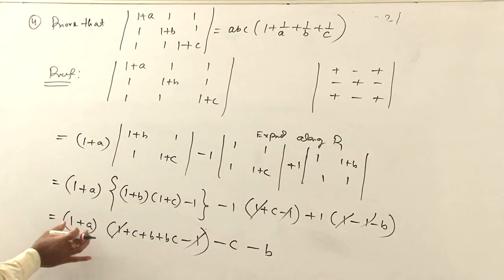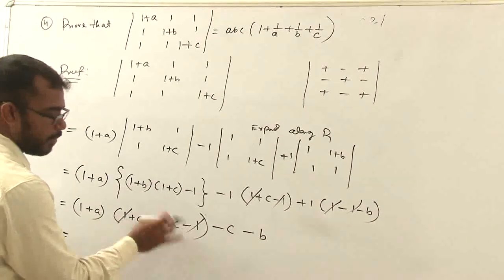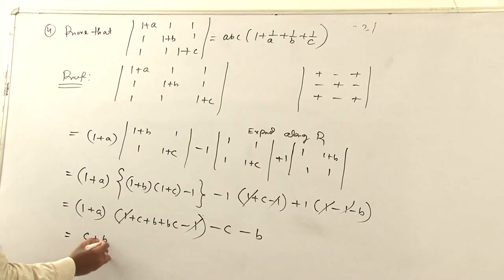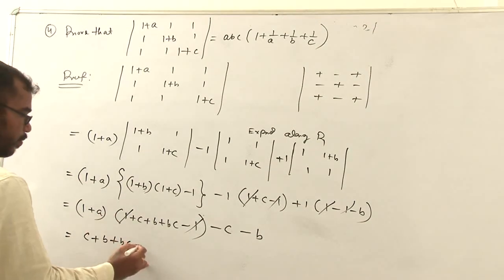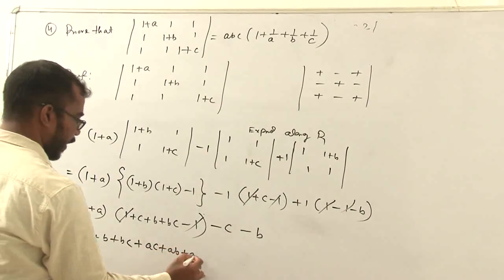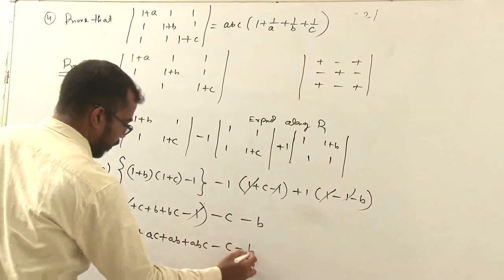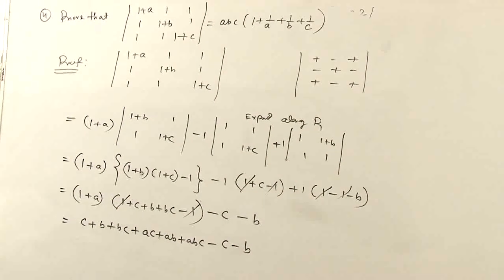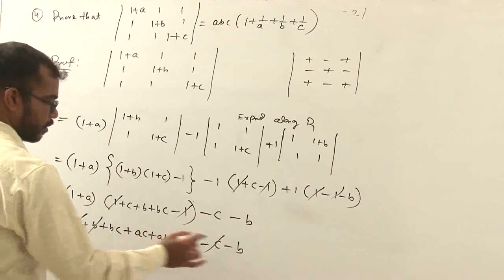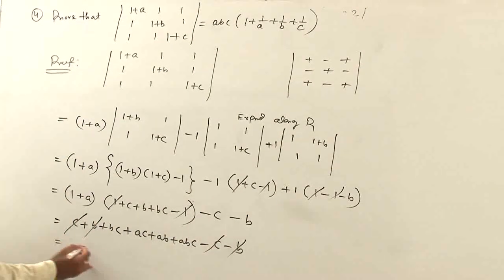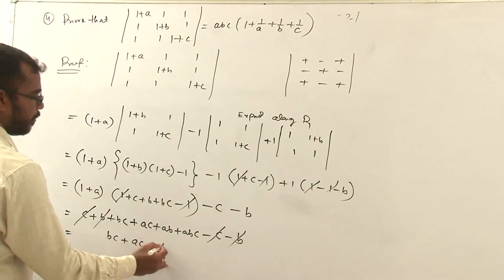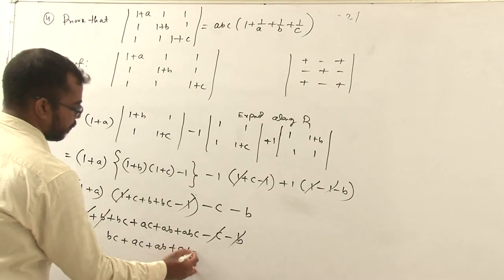So here we have to multiply 1 plus A and C plus B plus BC. If we multiply 1 first, C plus B plus BC, and then A, so you get C plus B plus BC plus AC plus AB plus ABC, minus C minus B. Now you see plus C and minus C cancel, plus B minus B. So here you get the result BC plus AC plus AB plus ABC.